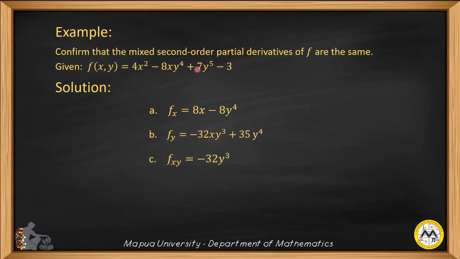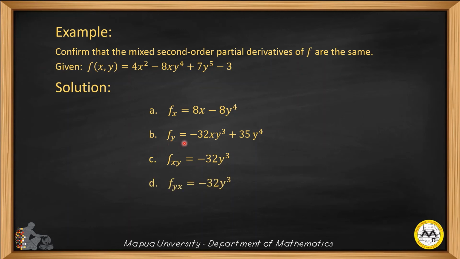Now, knowing that this is the first partial derivative of f with respect to x, you now can differentiate this result partially with respect to y to obtain the second partial derivative of f with respect to xy. So we differentiate with respect to y, treating x constant, and the partial derivative would just be equal to negative 32y^3.